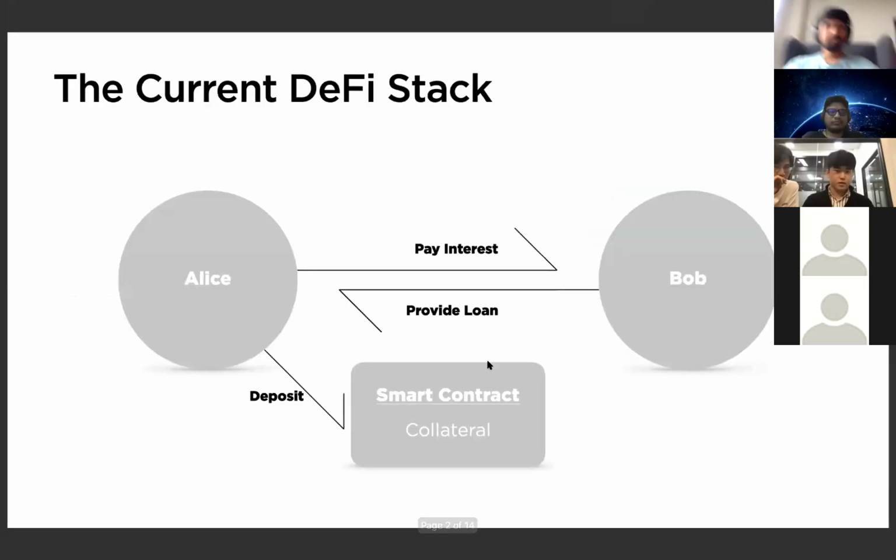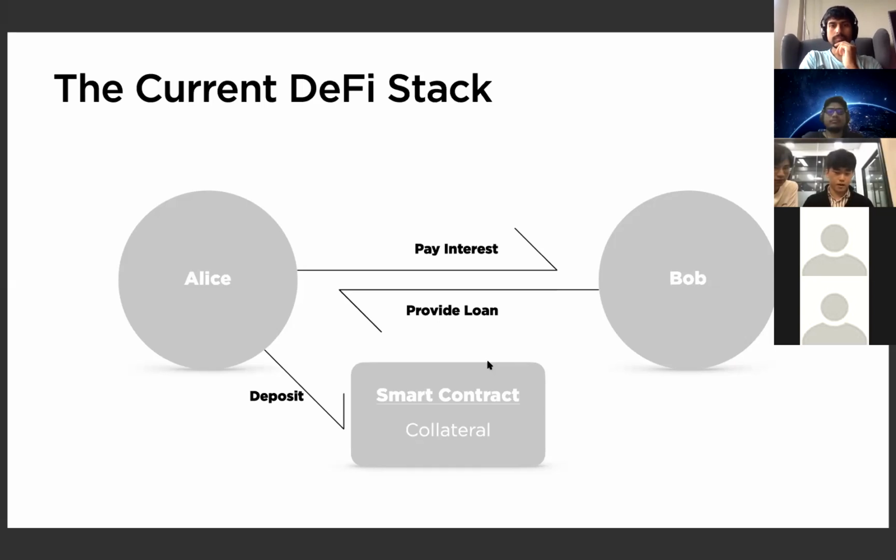So to start off, if you look at current DeFi money markets, the architecture is quite simple. Alice is the borrower, Bob is the lender. Alice deposits collateral to a smart contract and takes out a loan, for which Alice has to pay interest to Bob.